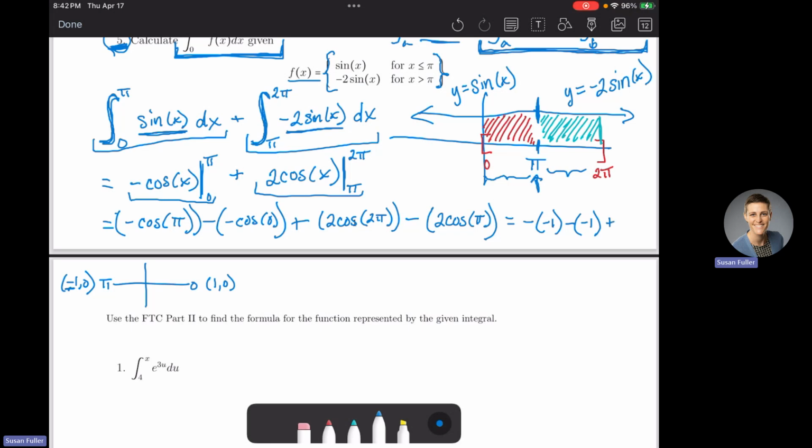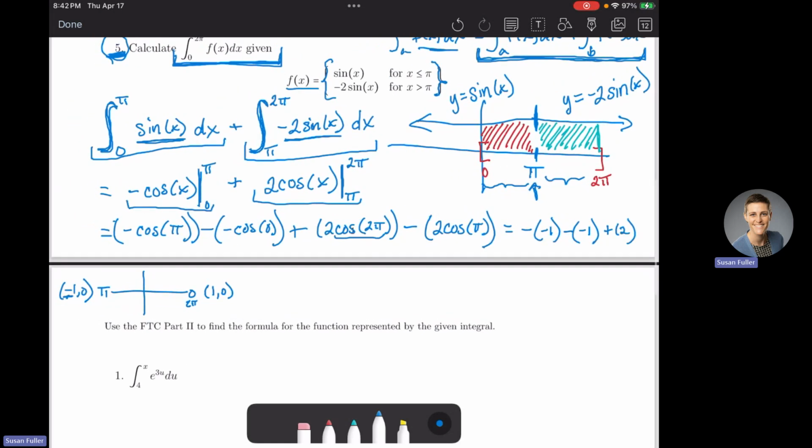And then I'm going to add to that 2 times the cosine of 2 pi. 2 pi and 0 are in the same spot, so the cosine of 2 pi is also 1. So 2 times 1 is 2. And then it's getting a little tight here. Minus 2 times the cosine of pi. Again, the cosine of pi is negative 1, so I'm going to have minus a negative 2.